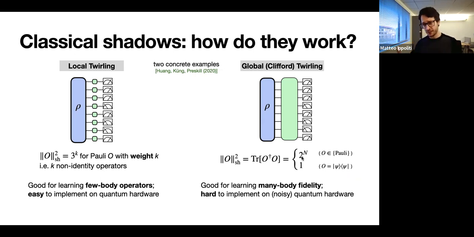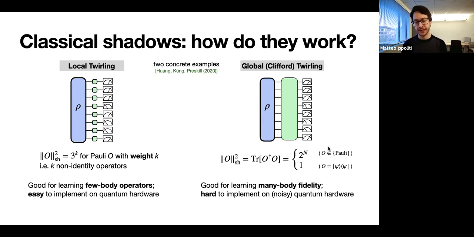Of course, locality doesn't matter because we just randomized everything in a many-body way, so locality is lost, and so this is unsurprising. But in any case, you see that this scaling as 2 to the n with the number of qubits is going to make this not viable for learning this kind of expectation value.